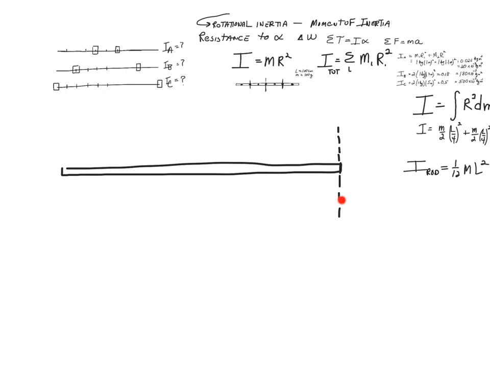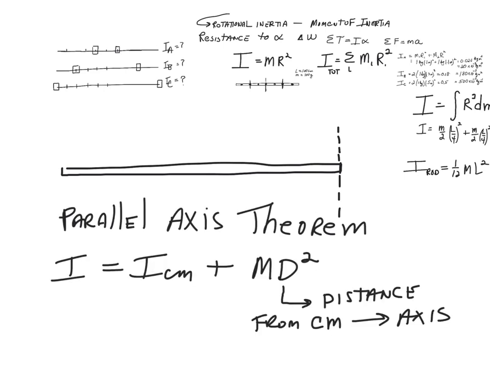So the axis is also important. So how do we get the inertia of this rod, knowing where the axis is and knowing what the inertia of the rod is with the axis through the center? We have something called the parallel axis theorem. Okay, this is for everybody, Physics 101 too.